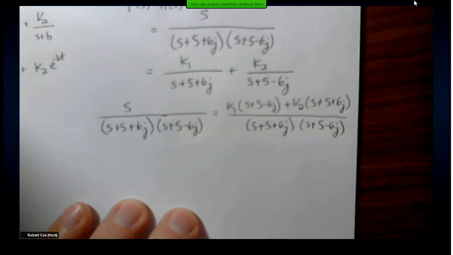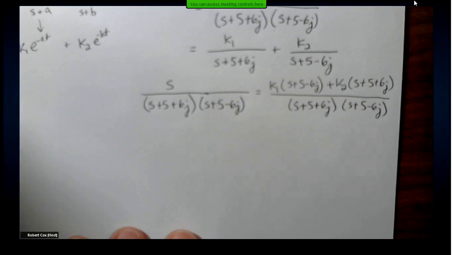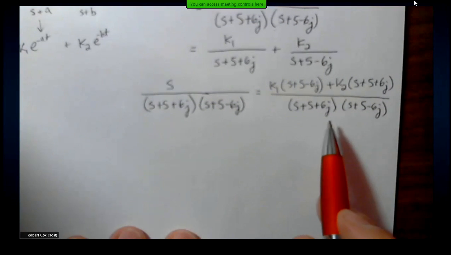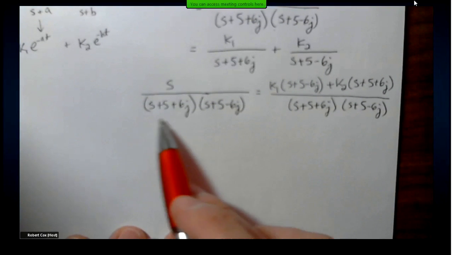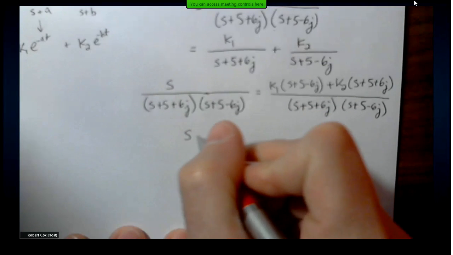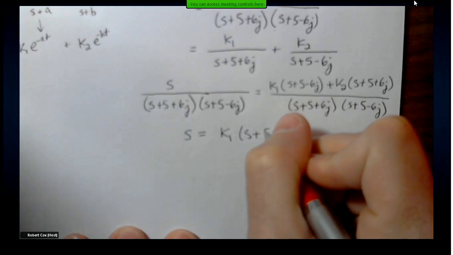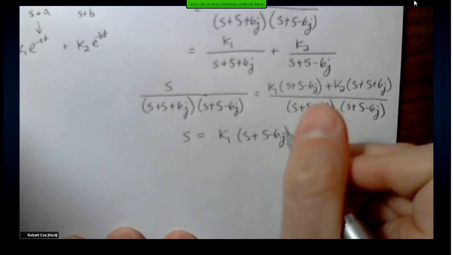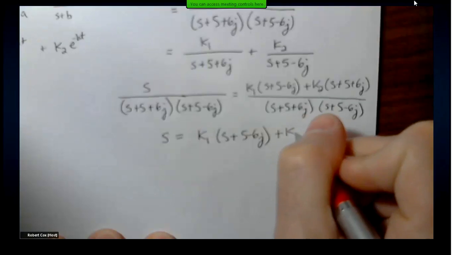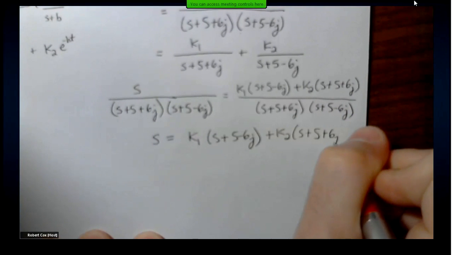The denominators on both sides are the same, so I can forget about those. What do I need to do to make the numerators equal? So I have s equals k1 times s plus 5 minus 6j plus k2 times s plus 5 plus 6j.